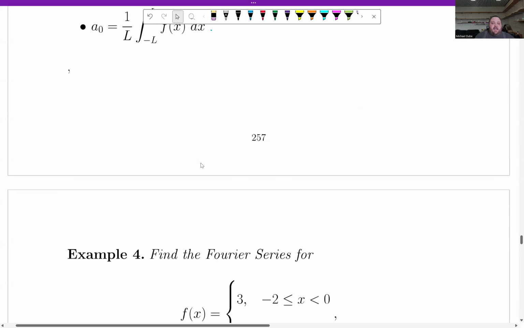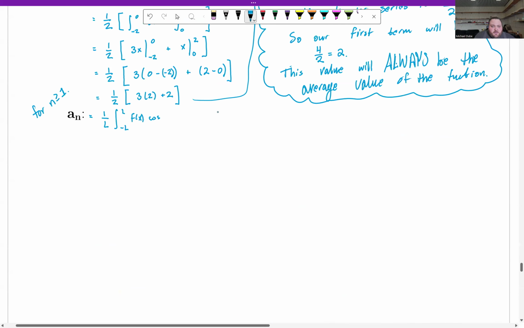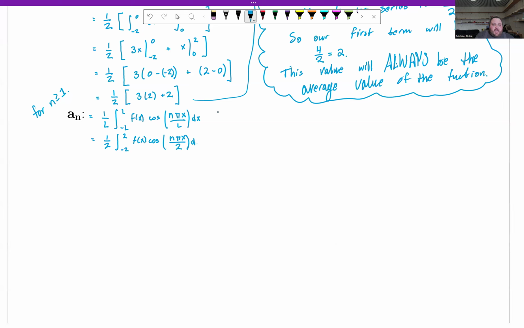Okay, good. Let's plug in our values. So we get 1 over 2 times the integral from -2 to 2 of f of x cos n pi x over 2 dx. Make sure we also plug that 2 for L in over here.